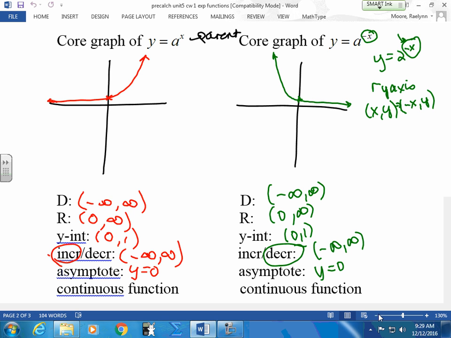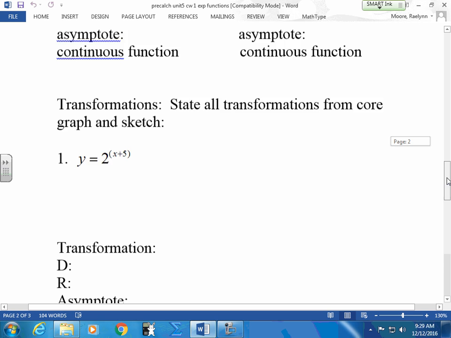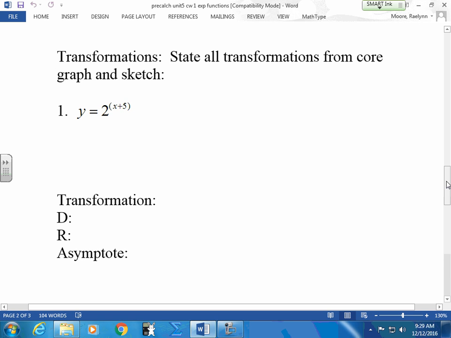Are we okay with basics? Everybody's pretty good with this. Today, very, very basic. Okay. We're going to work off of transformation. So we're going to start with your parent graph. What would your parent graph be for this guy? 2 to the x.